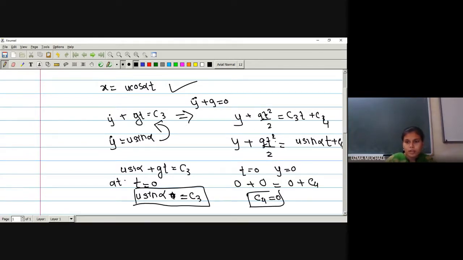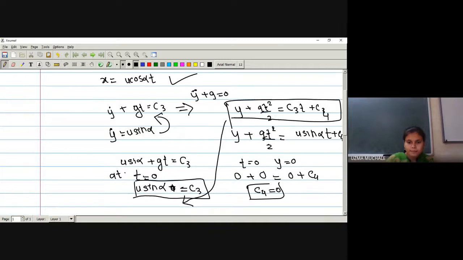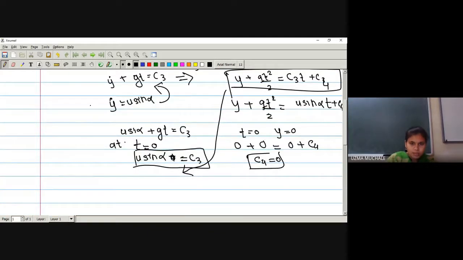C3 also we have got. Now put all those values in this equation. Let me write down: y plus g t square by 2 is equal to u sin alpha into t.